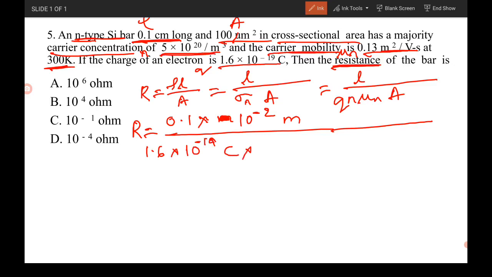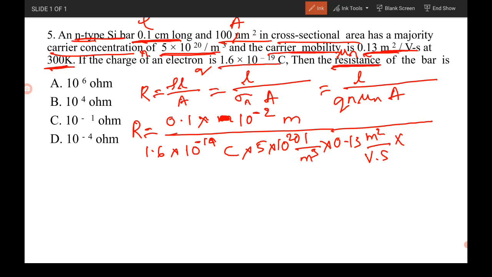N is 5 into 10 to the power 20 per meter cube times mu n. Mu n is mobility, which is 0.13 meter square per volt second, times our area.